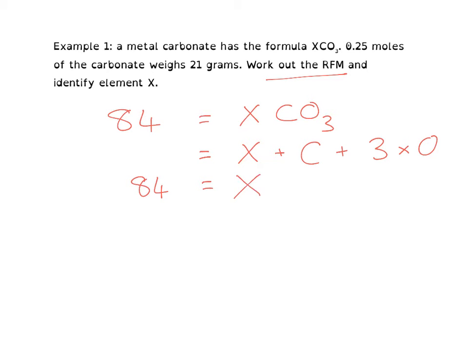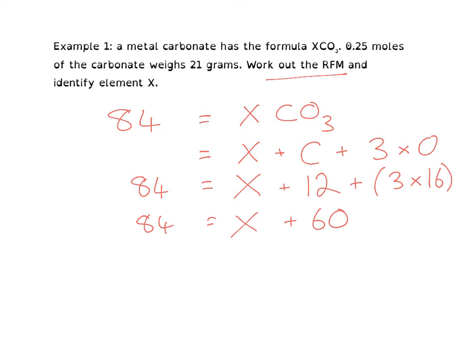I don't know what X is, but I do know that carbon weighs 12, and I do know that oxygen weighs 16. So if I work out all of those bits that I do know, 12, and 3 times 16 is 48, so 84 is equal to the mass of element X, plus 60.